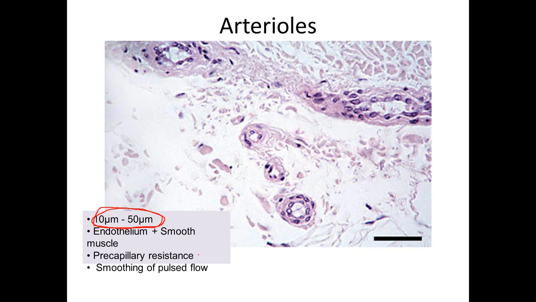First of all, they're the vessels of precapillary resistance. That means they provide a resistance to blood flow before the blood gets into the capillary system. So they can moderate the blood flow and the blood pressure before the blood gets into the capillary, because obviously you don't want high blood pressure going through a delicate capillary network.